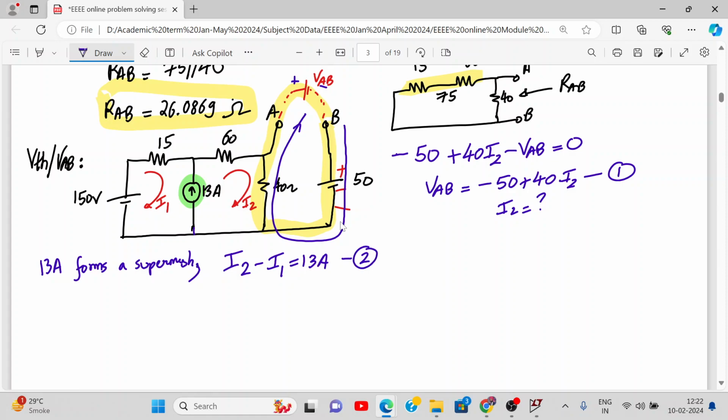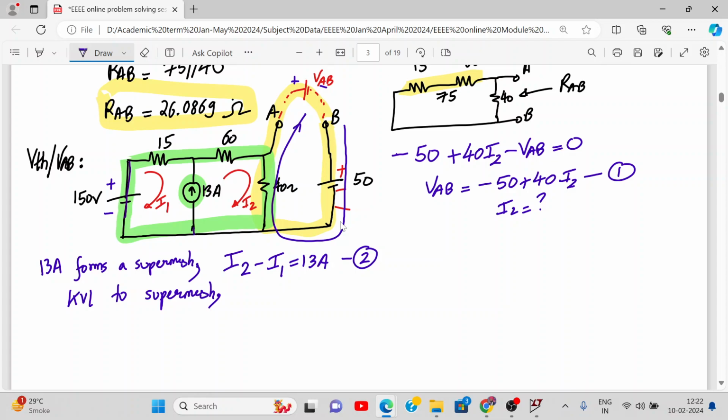Now we apply KVL to the super mesh. What is my super mesh? This is my super mesh, this green color one. So let's start. We are going from negative to positive, so plus 150. So we have to write KVL to the super mesh.